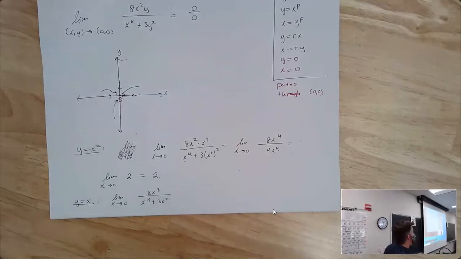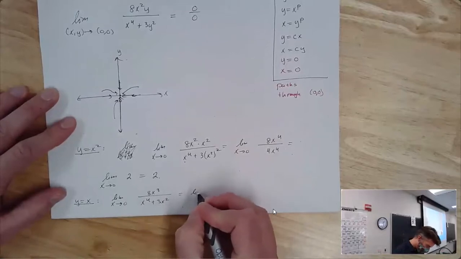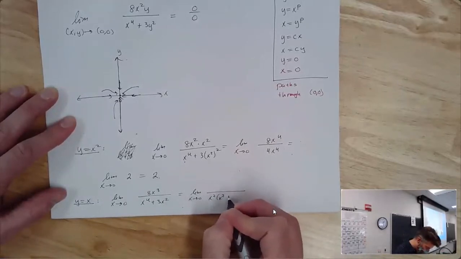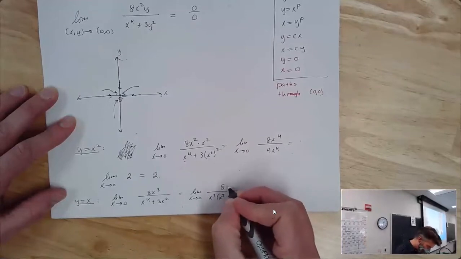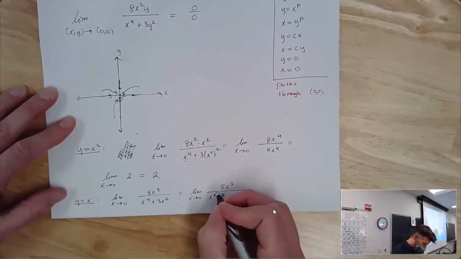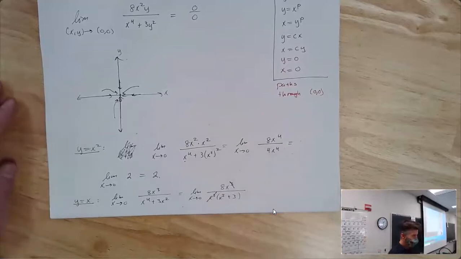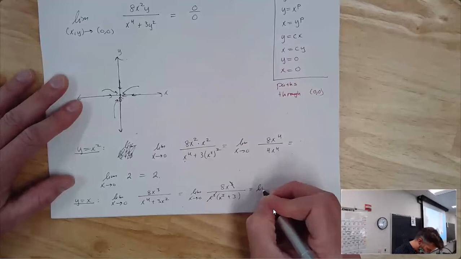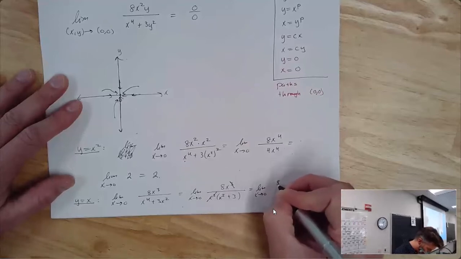So let's do some simplifying. What can I factor out from the denominator? Totally. I'm left with an x squared plus 3. And from the numerator, I can cancel an x squared with an x squared. I'm left with an 8x on top. So now I have the limit as x goes to 0 of 8x over x squared plus 3.